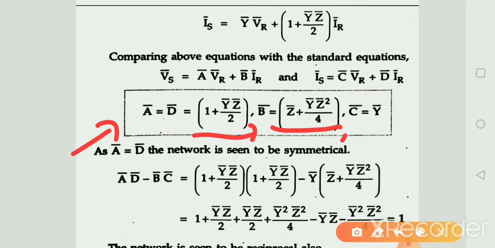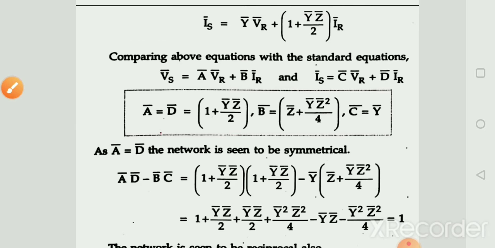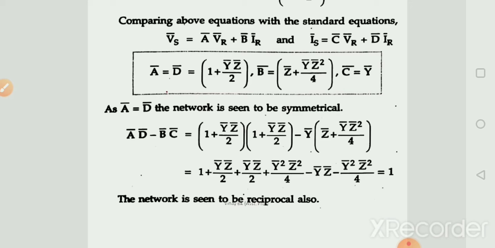Now the B value is Z plus YZ square by 4 and the C value is Y, by comparing all these values with the standard equation. So now we can see A equal to D. The network is seen to be symmetrical because A equal to D. So now if we calculate the value of AD minus BC, we can see it is 1. So we can say the network is seen to be reciprocal also. So these are the parameters of the T network.